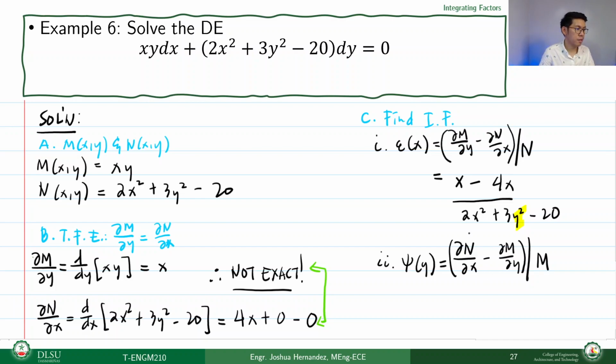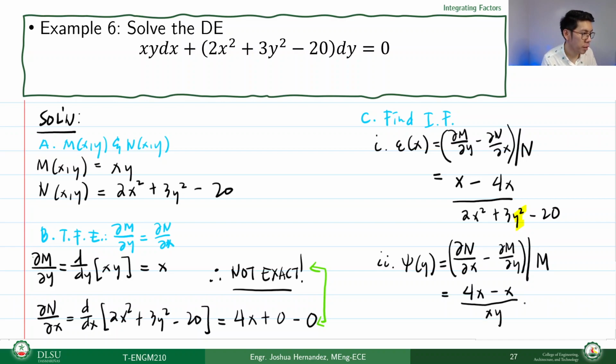Okay. Saan nga galing itong mga to? Yun yung dinerive natin kanina, di ba? Yun yung partial differential equation na meron tayo. And then we considered simplifications, no? Kaya meron tayong case 1, which is si epsilon, and si case 2, which is si psi. So, N minus M is 4x minus x, all over M, which is xy.